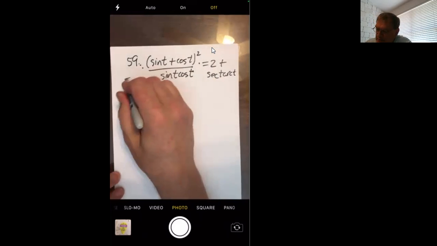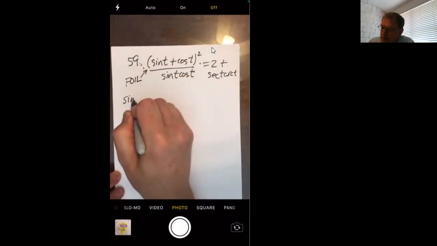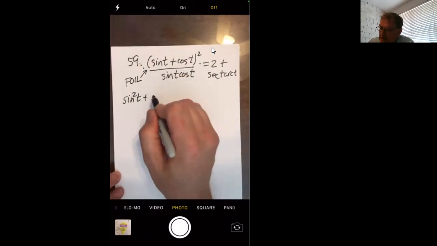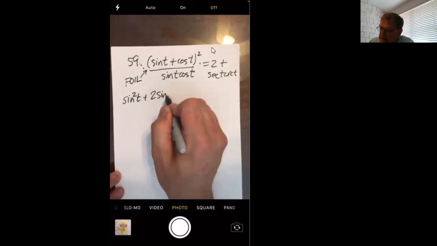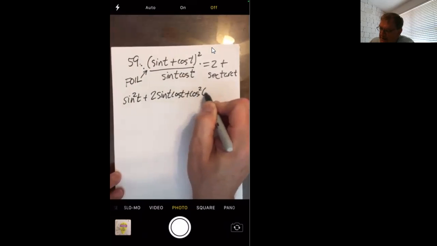Let's go ahead and FOIL. Sine squared of t. Can you tell you're going to get a twice sine of t cosine of t, and then a cosine squared of t.